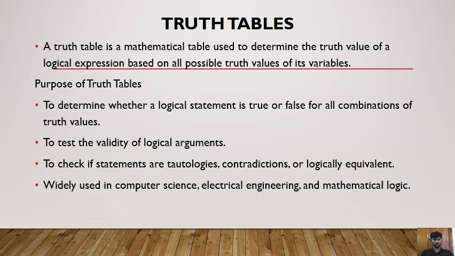Purpose of truth tables: to determine whether a logical statement is true or false for all combinations of truth values, to test the validity of logical arguments, and to check if statements are tautologies, contradictions, or logically equivalent. Widely used in computer science, electrical engineering, and mathematical logic.